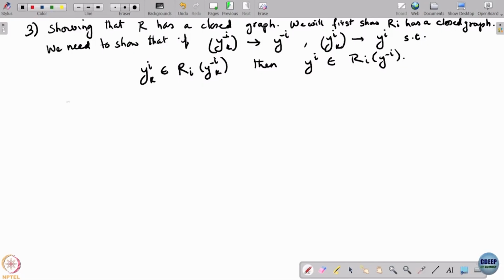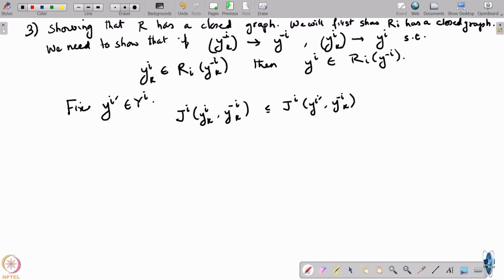To do this, let us fix a yi dash in capital Y. Since yi k is a best response to y minus i k, I have the property that ji of yi k is better than playing yi dash, assuming others still play y minus i k.